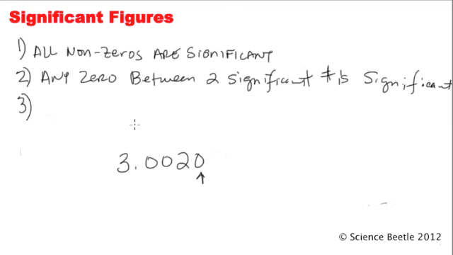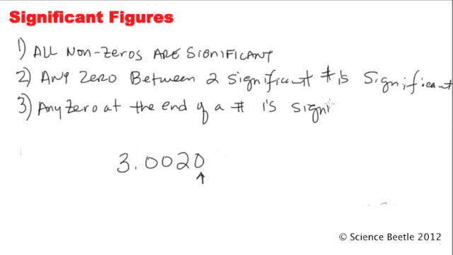And rule number 3 says that any 0 at the end of a number is significant only if there is a decimal.